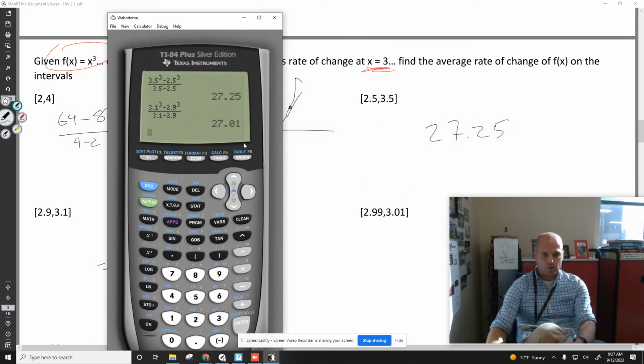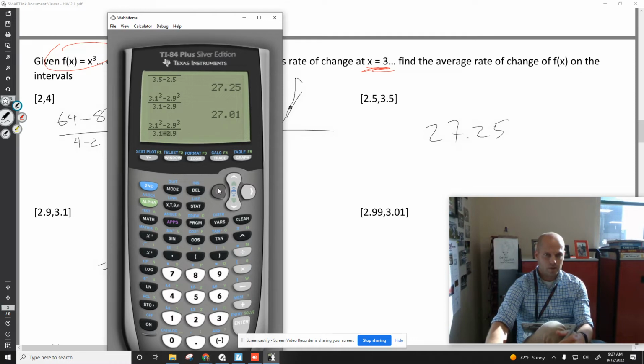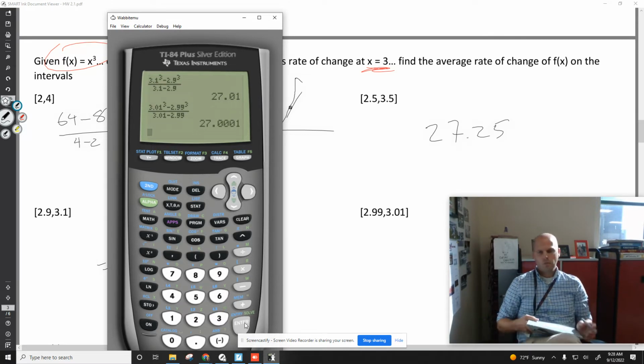If I plugged in 3.01 and 2.99, heads up, calculator trick: you can press second, insert a value. 27.00.